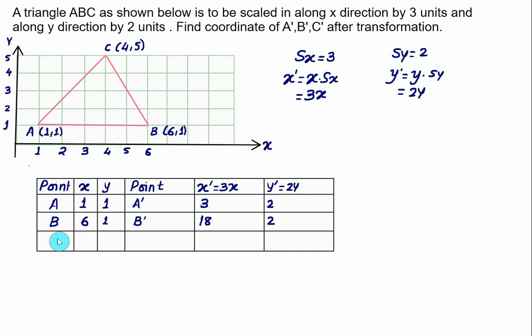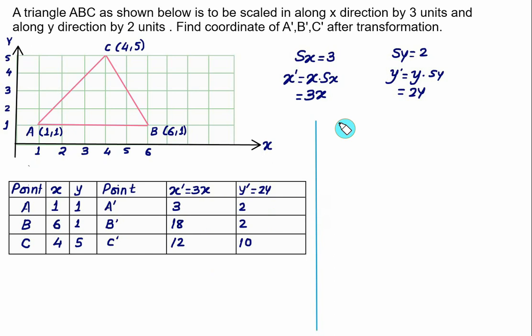As far as point C is considered, we have x coordinate equal to 4, y coordinate equal to 5. After transformation you will get a new point C prime. X prime is 3 multiplied by 4, that is 12, and y prime is 2 multiplied by 5, that is 10. In this fashion we can calculate the new points A prime, B prime and C prime, and their coordinates are also known.